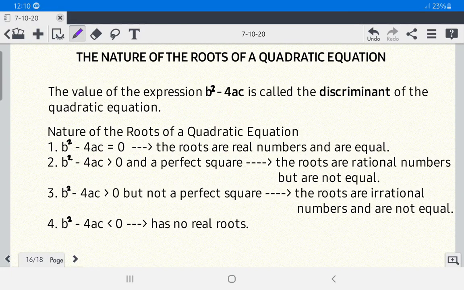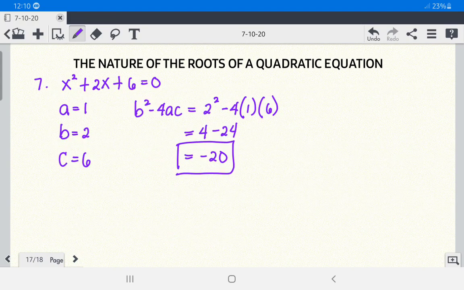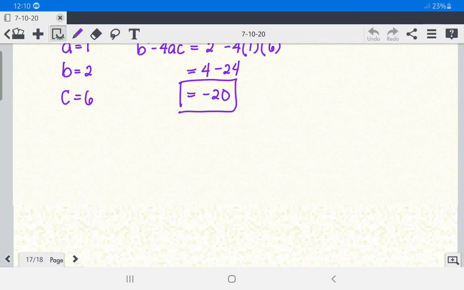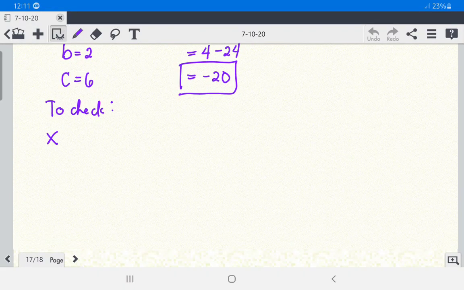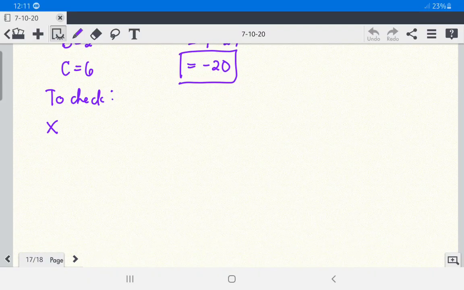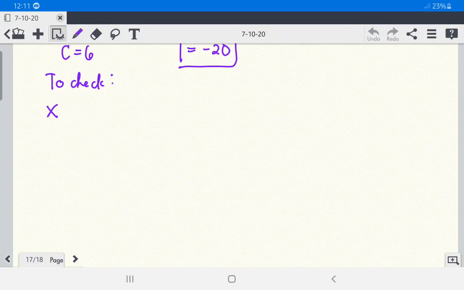So, if you're going to go back to the condition that if b squared minus 4ac is less than 0, then it has no real roots. So, let's see. Let's check. Okay? So, to check, for the first root, let us make it 1 instead of separate solution.